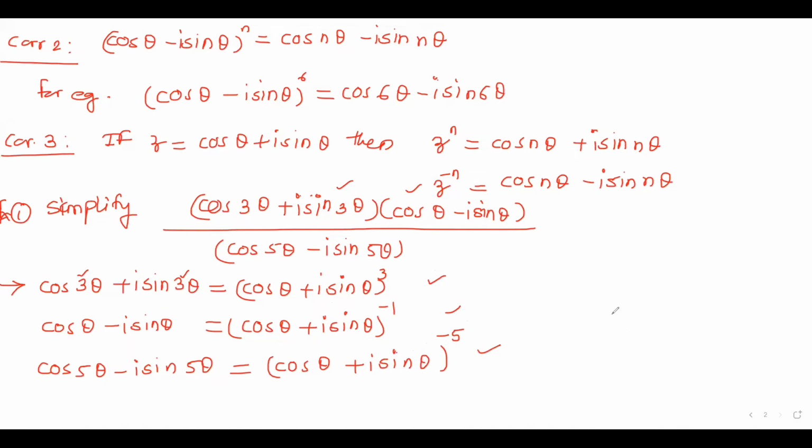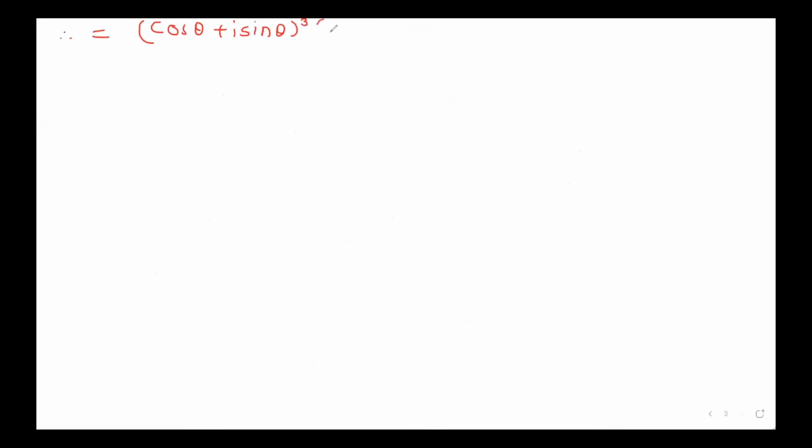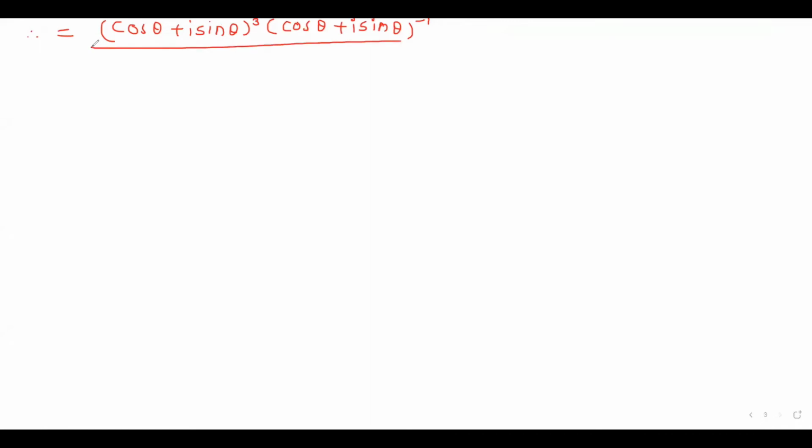And therefore using these terms our expression becomes (cos theta plus i into sine of theta) raised to 3, times (cos theta plus i into sine of theta) raised to minus 1, divided by (cos theta plus i sin theta) raised to minus 5, right?